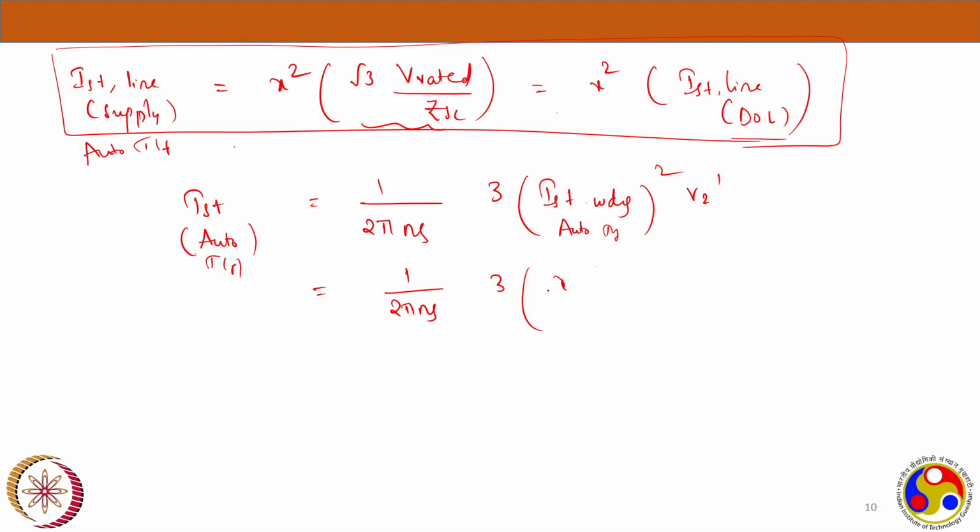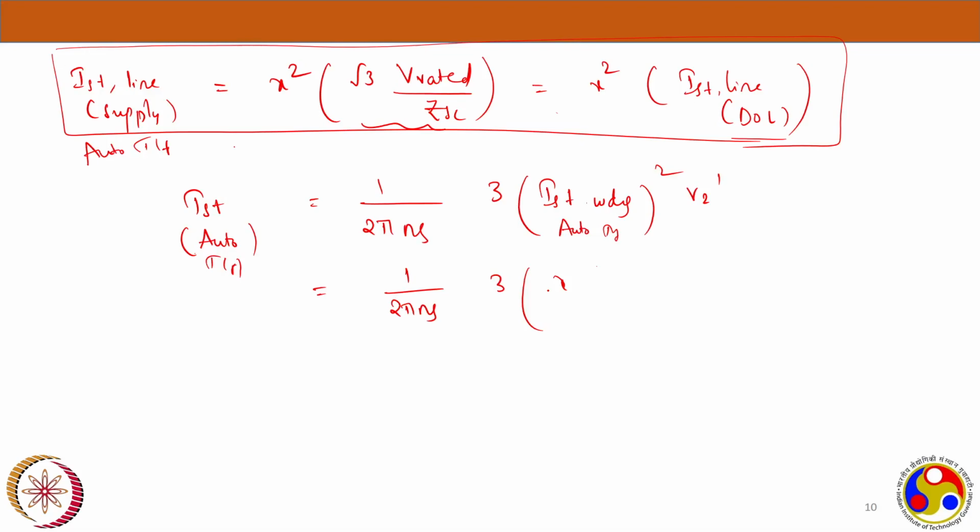So, x squared times T starting in the direct online. Now, I'm directly taking the ratio instead of taking the ratio individually like before. So your starting torque is going down x squared and your starting current is going down x squared.